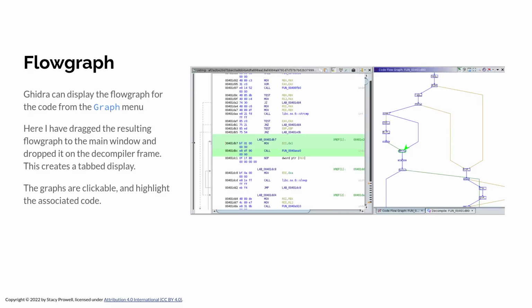Ghidra produces a flow graph. You're going to be producing a flow graph later on, but it shows you the flow structure of your program. And again, it does a best effort. It's not going to be perfect and beautiful. In particular on the right hand side, you can see it's a little messy over here.